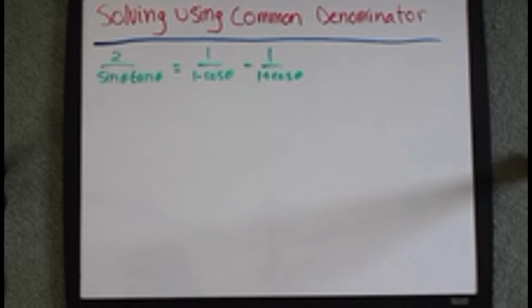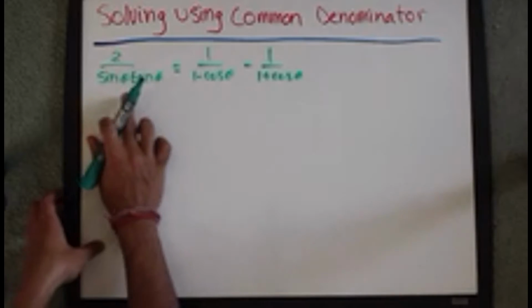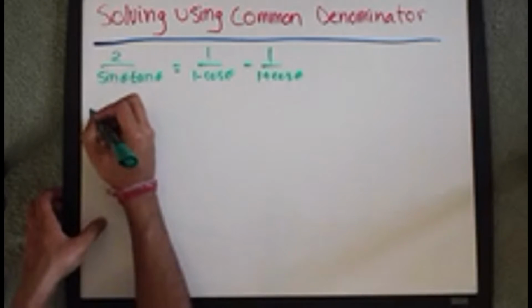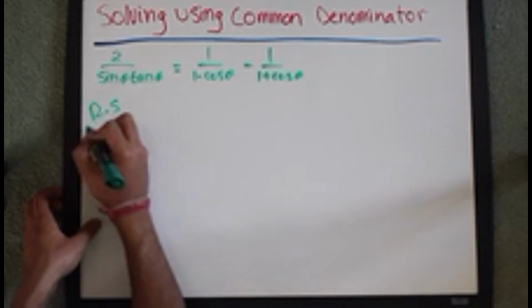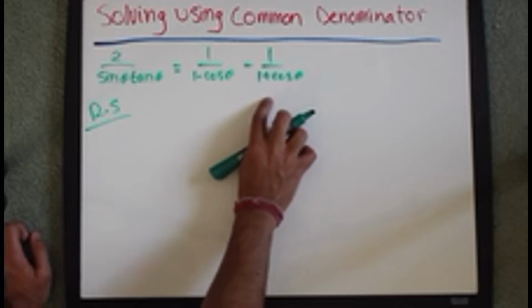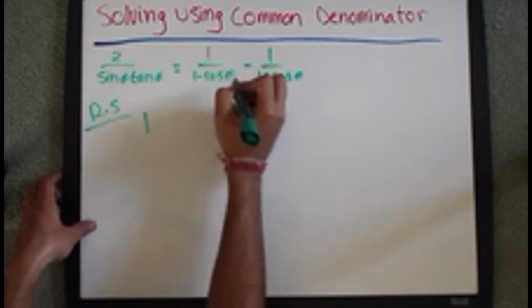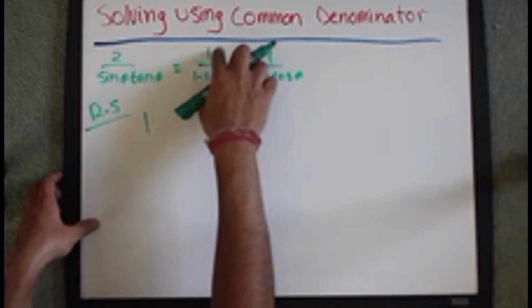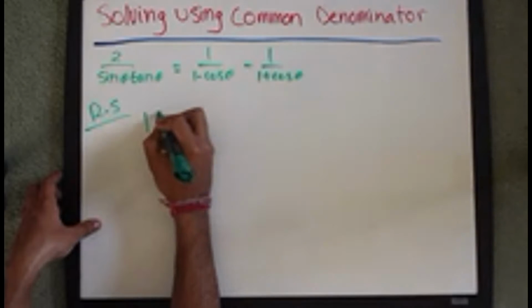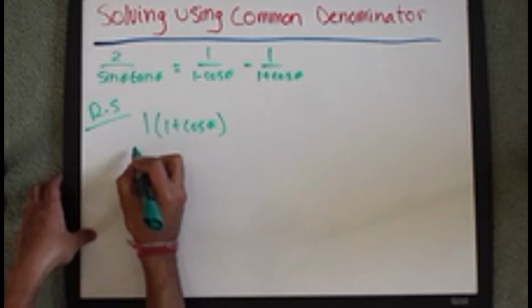Okay, so I'm gonna solve this trig identities question using a common denominator. So we have the left side here and the right side here. We're gonna be working with the right side. So we have 1 over 1 minus cos theta minus 1 over 1 plus cos theta. We're gonna start off by multiplying this side by 1 plus cos theta to make the denominators the same.